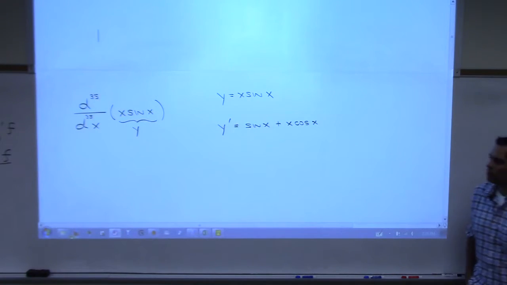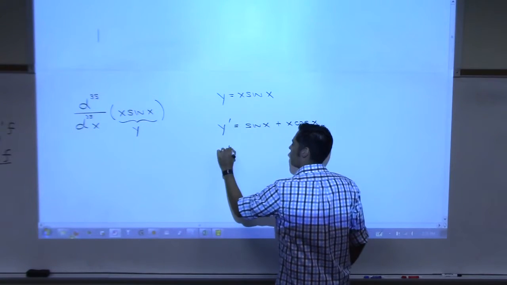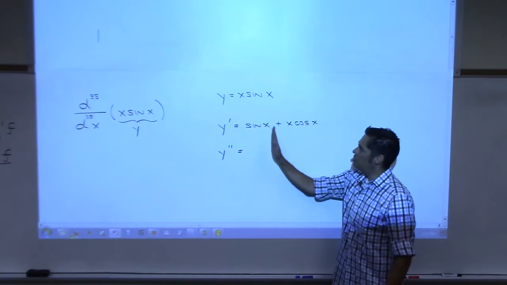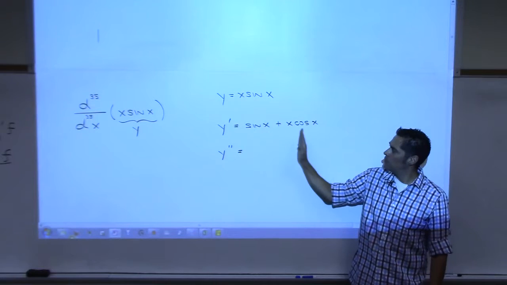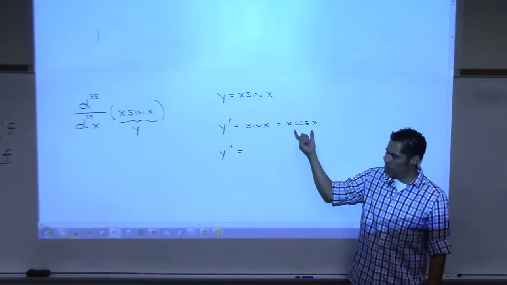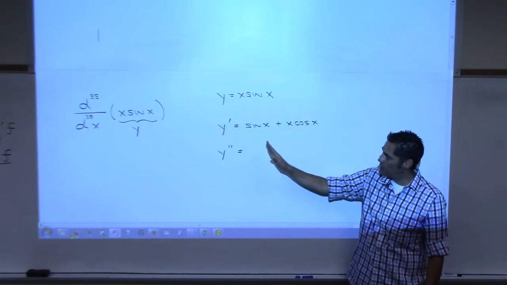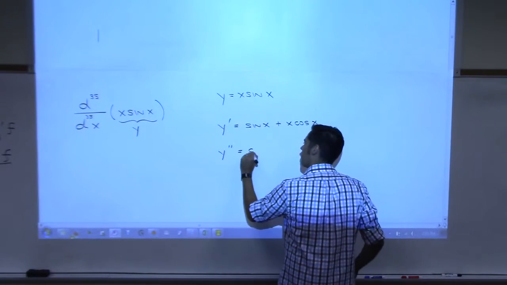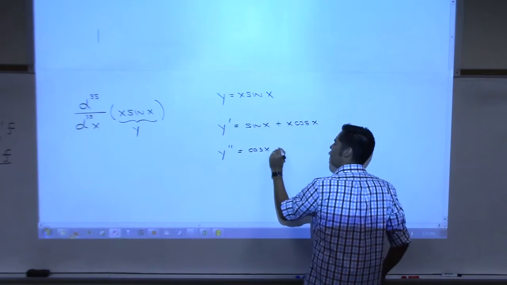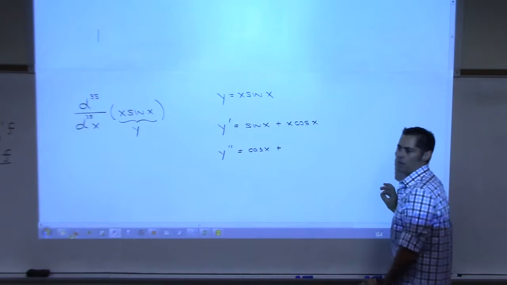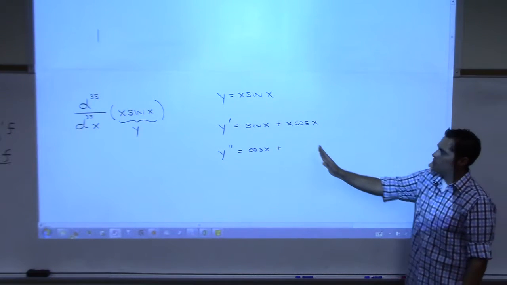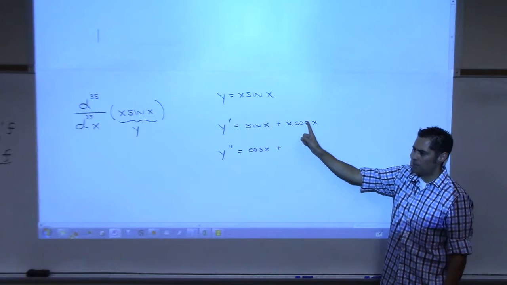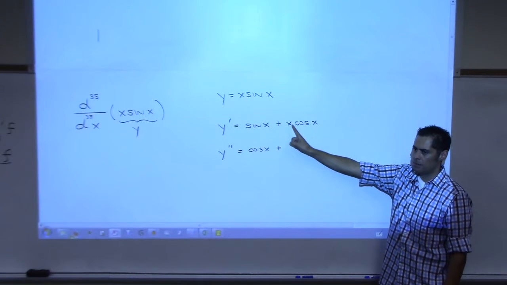Okay. Second derivative. All right. We have two separate terms, right? I can do the derivative of each one separately, but that one's a product rule. So when I take the derivative of sine, I'm going to get cosine x. And then plus, now here I have a product, don't I? So I have to do derivative of this times this plus derivative of this times this.